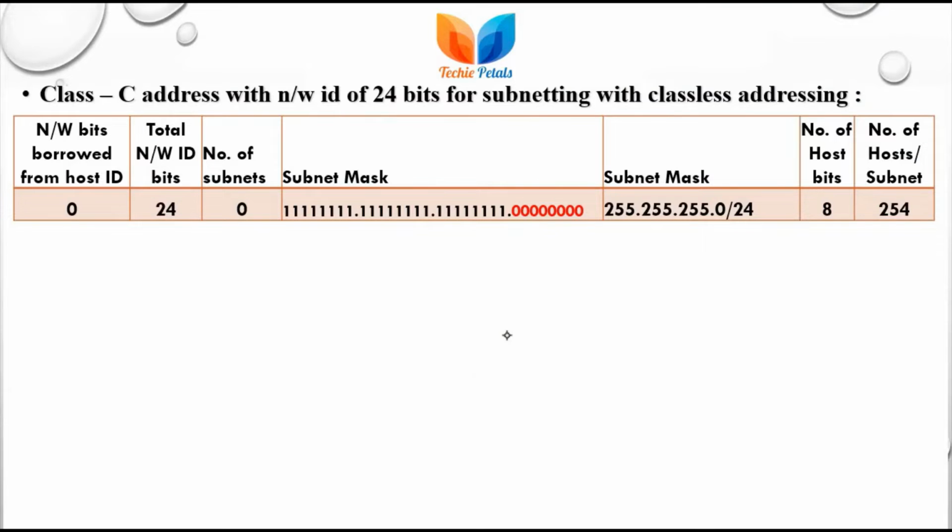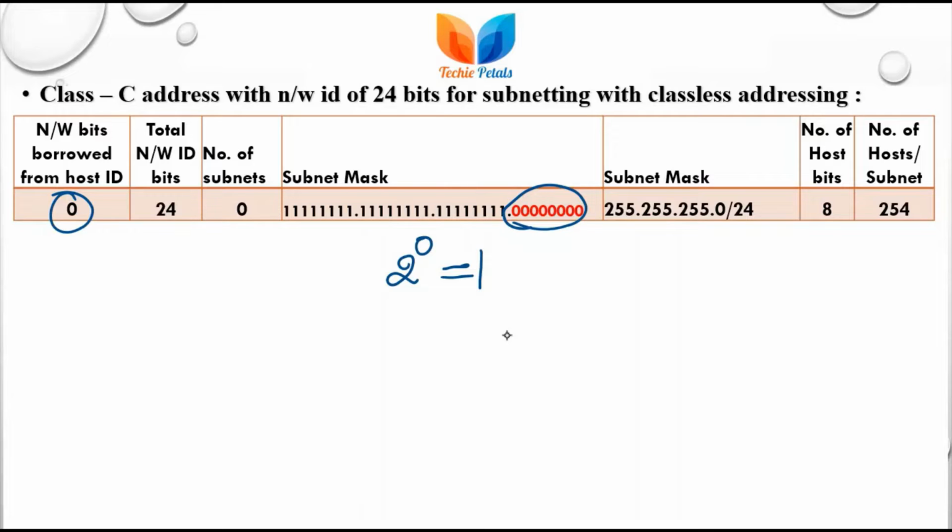Here we are not having any bit from host to use as a network ID. Then we will be having 0 bits taken from the host ID. So as no bits are taken from the host ID, we will be having number of networks as 2 raised to power 0 equals 1, means we are going to have only one network.